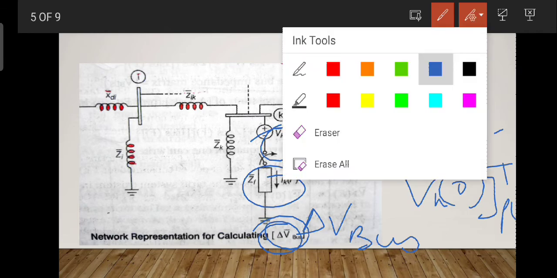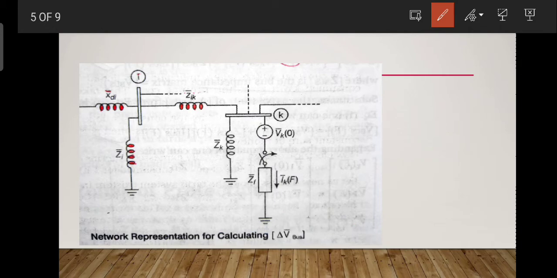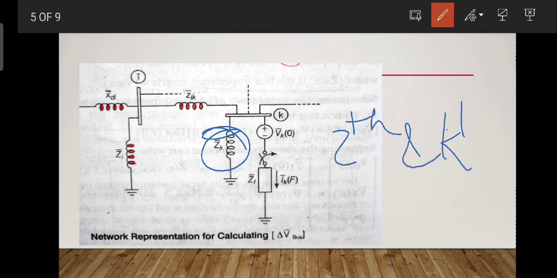So let me erase first here. Now here is Z_K impedance. Where does it come from? Z_i and Z_k are the equivalent load impedances of the ith and kth buses respectively.